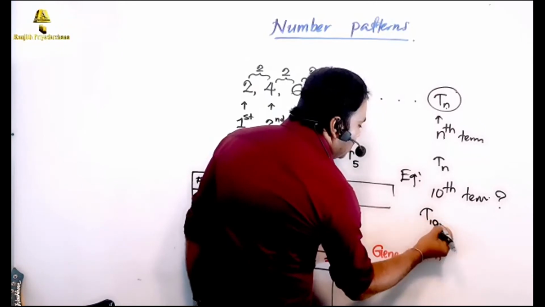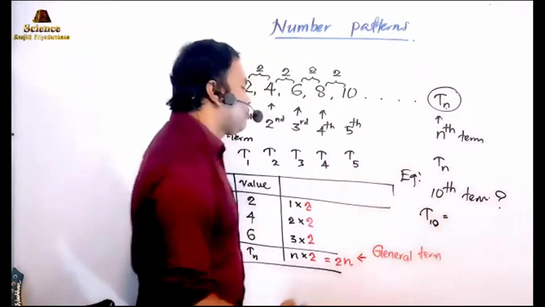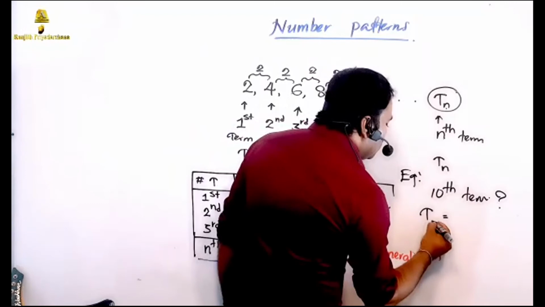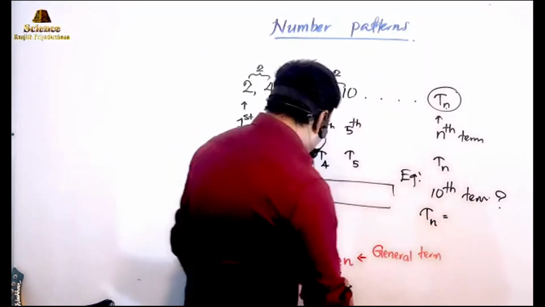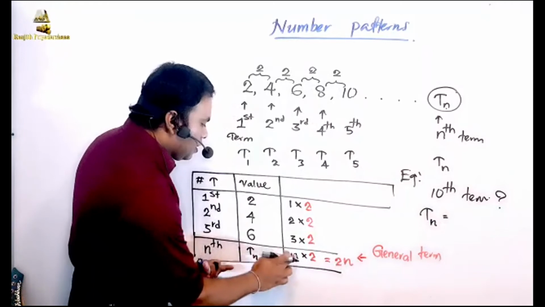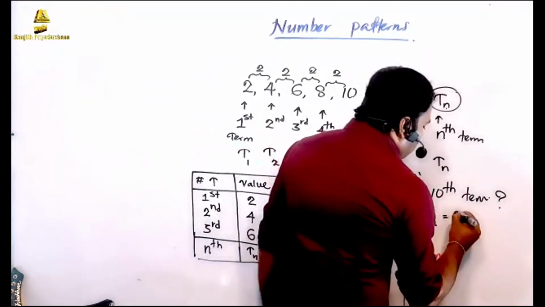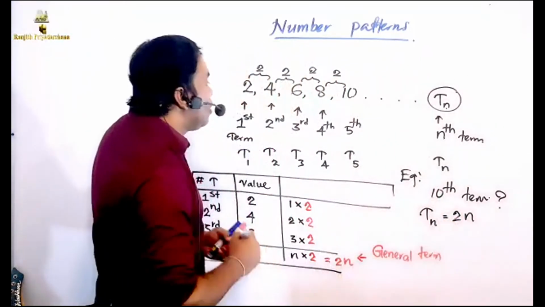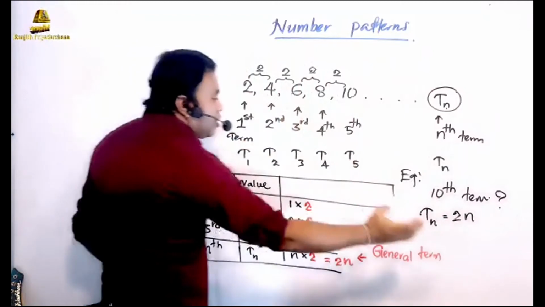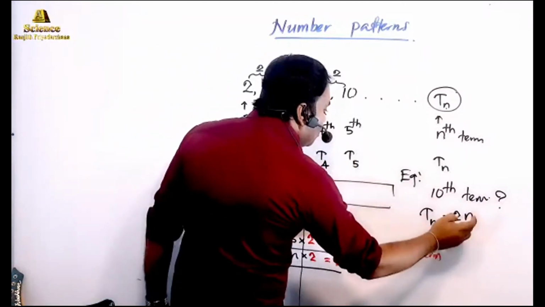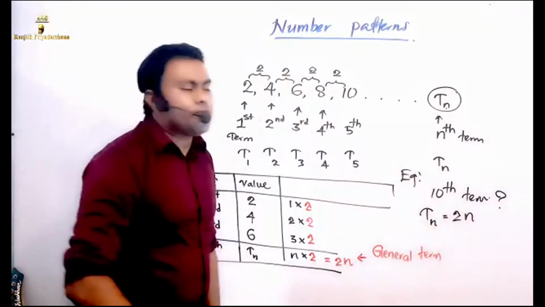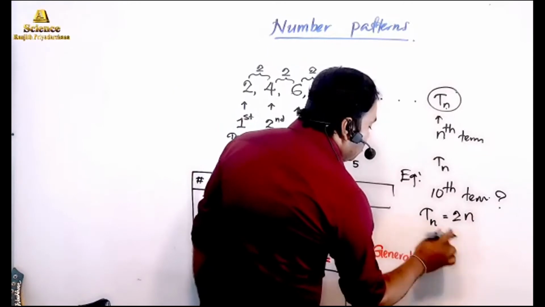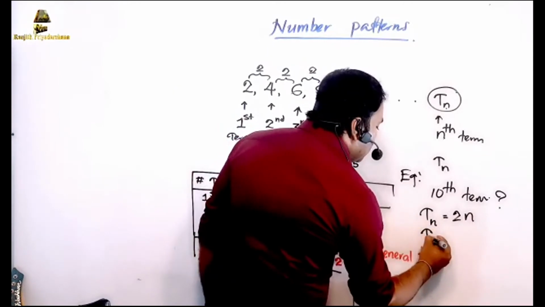But as a common term, nth term equals 2n. So according to this number pattern, our general term is 2n. So now you can substitute the value 10 for the number of the term, so you can write T10.